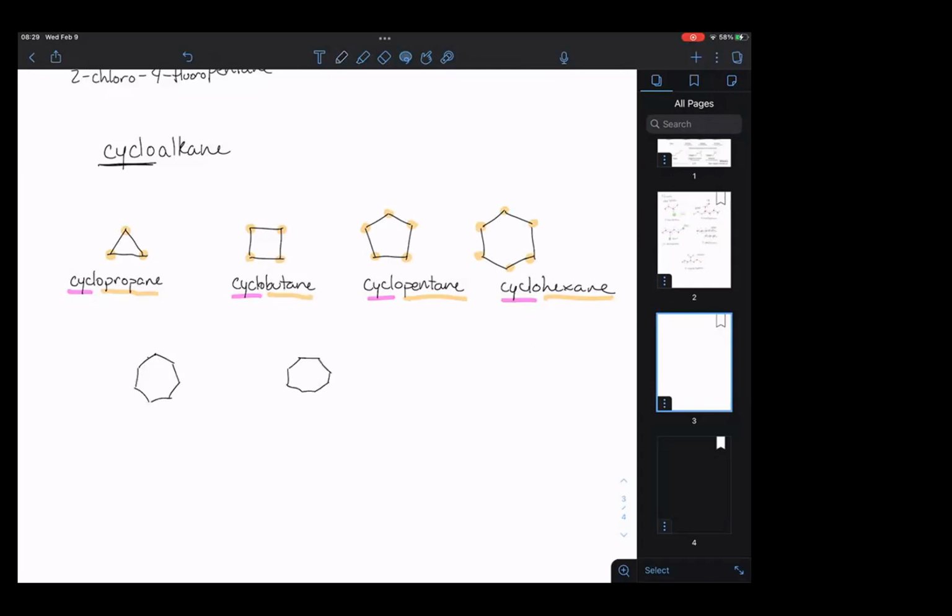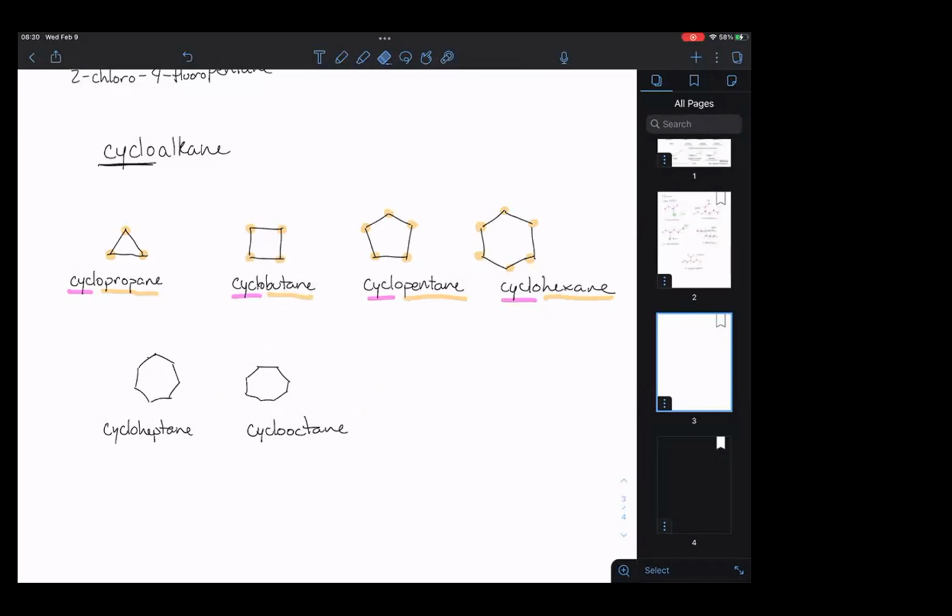Anyways, I'm not very good at drawing above cyclohexane, but we can also have cycloheptane, cyclooctane. Okay. So anyways, these are now going to be cyclic alkanes.